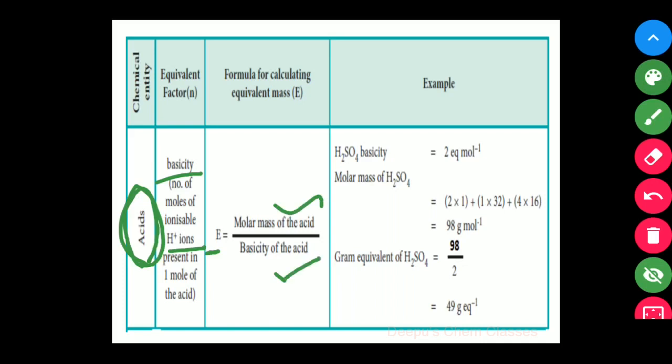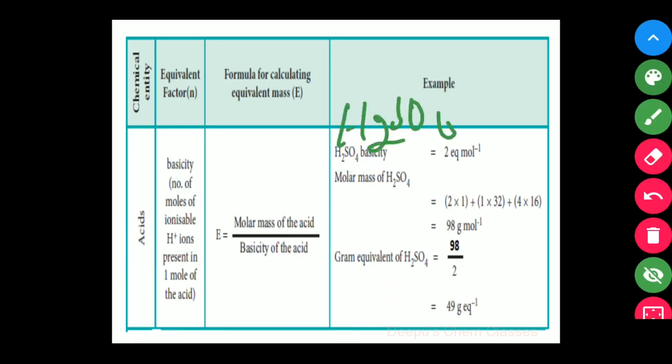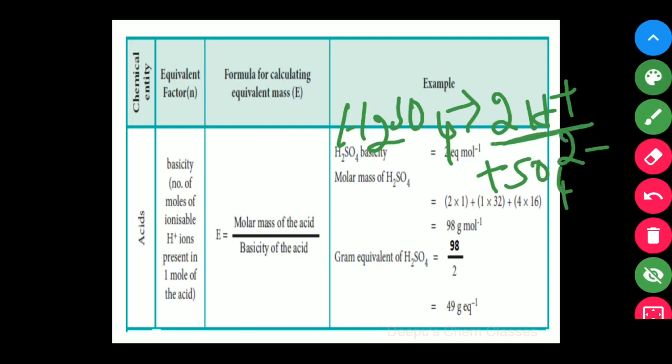Let us see an example, sulfuric acid. When H2SO4 dissociates, it gives rise to 2 H plus ions and SO4 2 minus ions. So the number of replaceable H plus ions is 2.